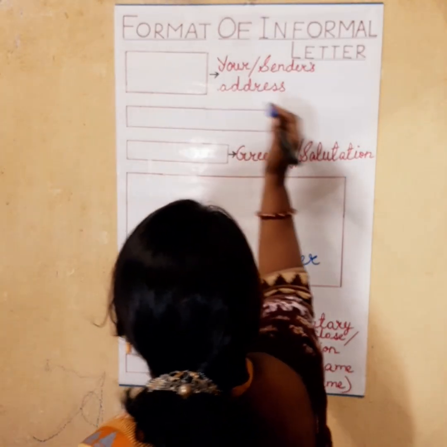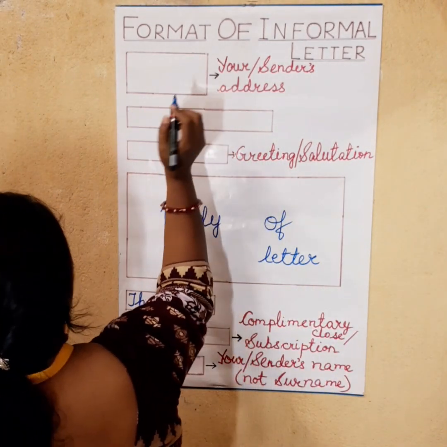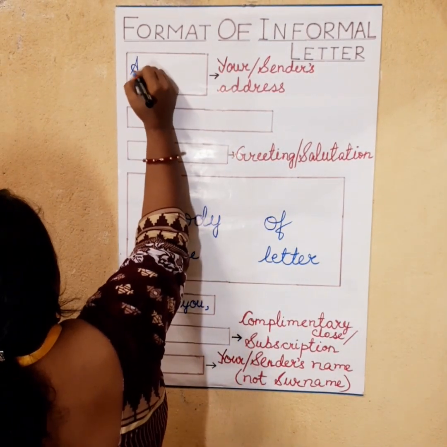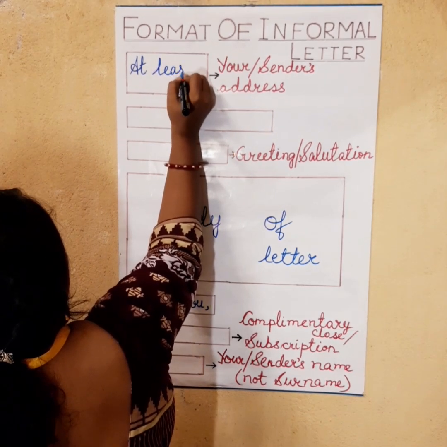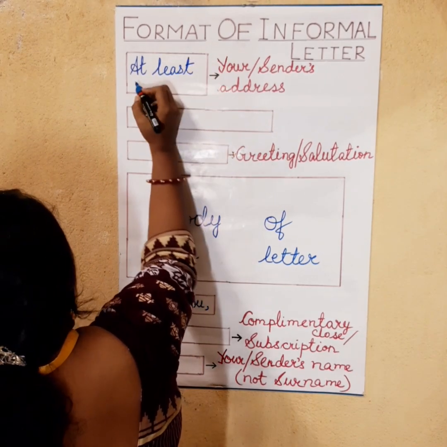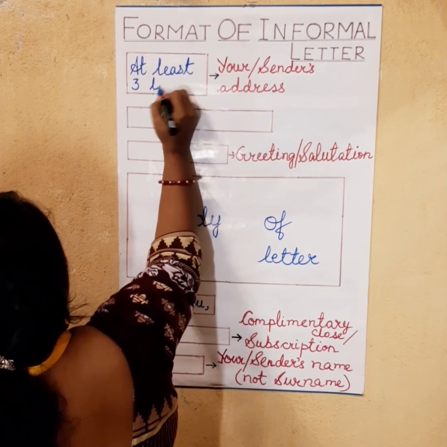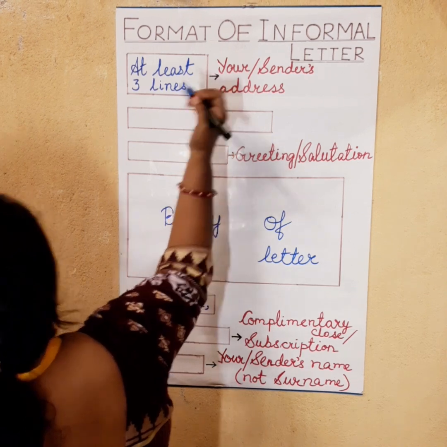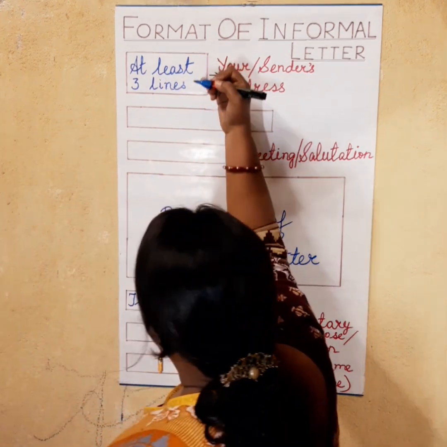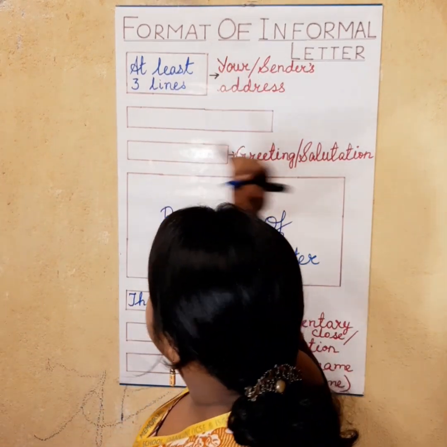Here there should be the address, but it should be of at least 3 lines. You can write more than 3 lines, but not less than that. And after each line you have to put a comma, I've told you before.